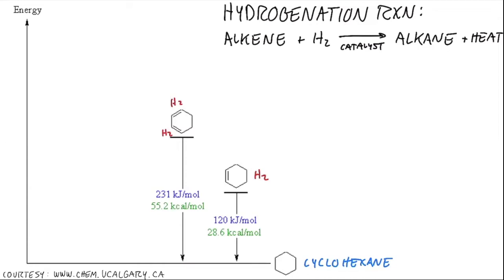Everything else is going to be higher in energy than that based on the number of alkenes it has. So if we take this first one, cyclohexene, and we add 1 equivalent of hydrogen to it in the presence of this catalyst, we get out an amount of heat that works out to 120 kilojoules per mole. Don't worry about the kcals per mole. In general, you don't actually have to worry about knowing these numbers for the long term.